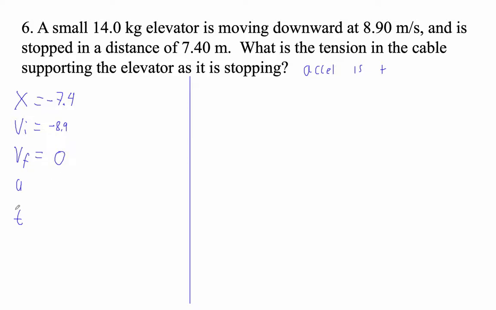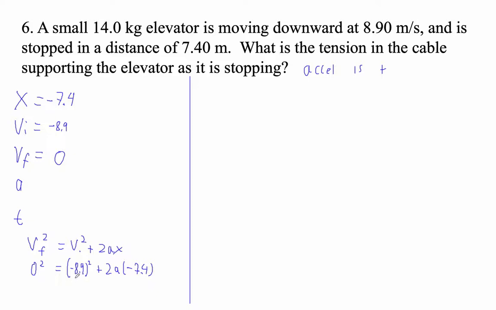And then I believe we can find the acceleration in one step with no t. So I'm going to use this guy. Right, so 0 squared is equal to the opposite of 8.9 squared plus 2 times a times negative 7.4. Now a negative number squared, unless you have a TI calculator, is a positive number.